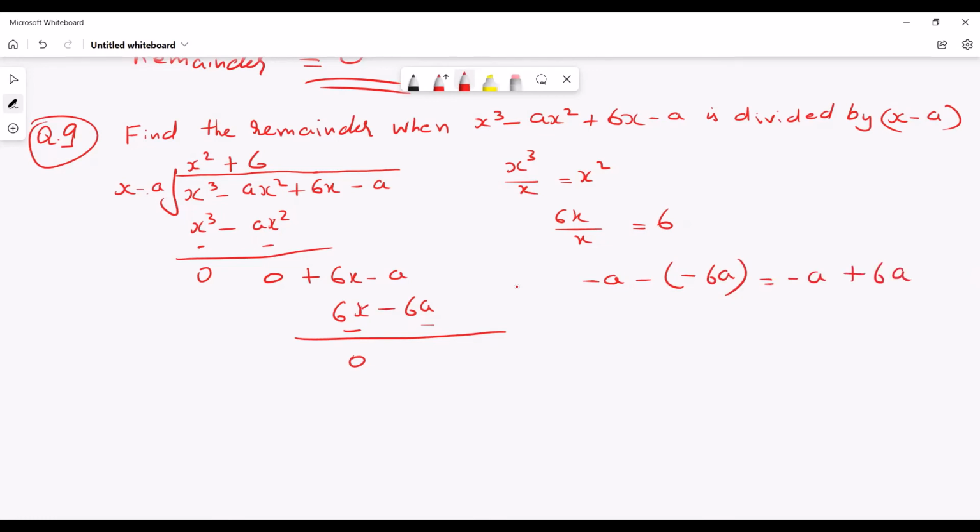So when we add minus a plus 6a, we will get 5a. So the remainder is 5a.